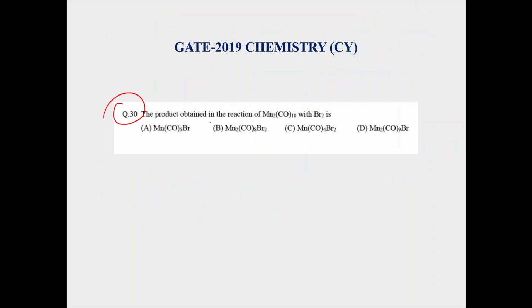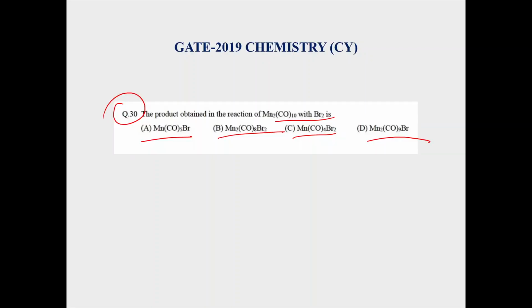The product obtained in the reaction of Mn2CO10 with Br2. The options are: A, MnCO5Br; B, Mn2CO8Br2; C, MnCO4Br2; D, Mn2CO9Br.